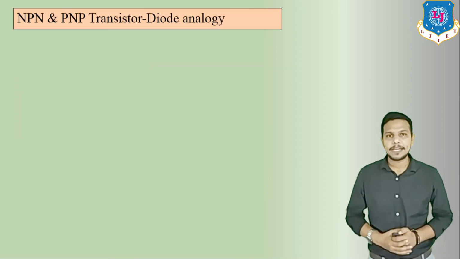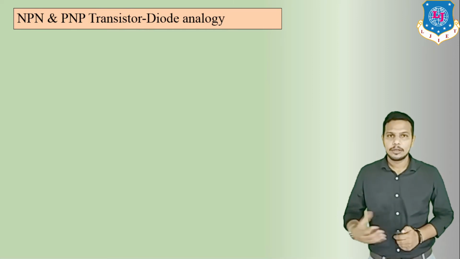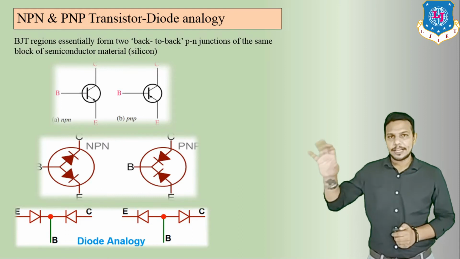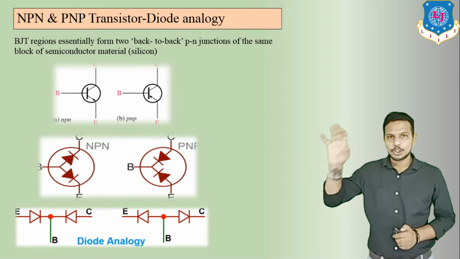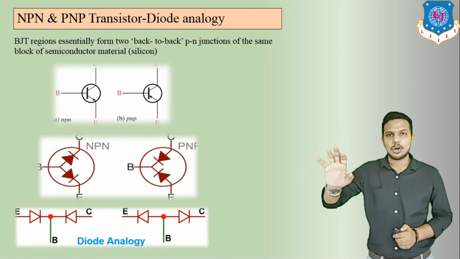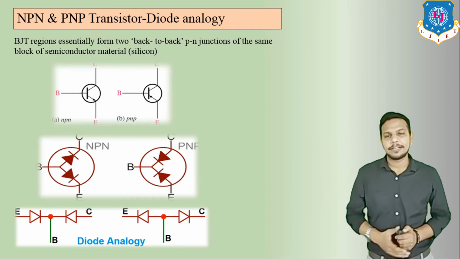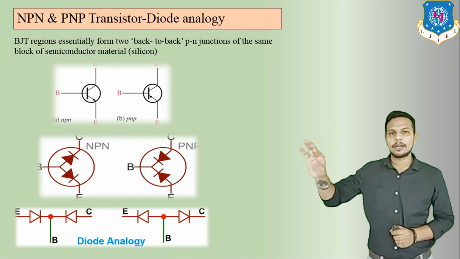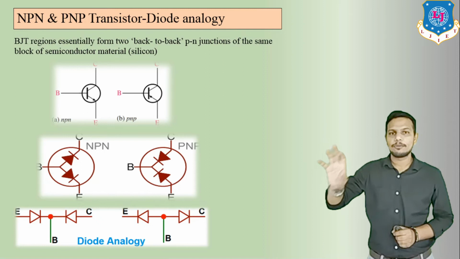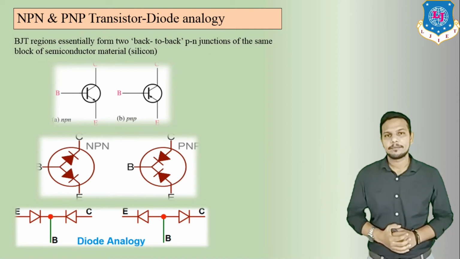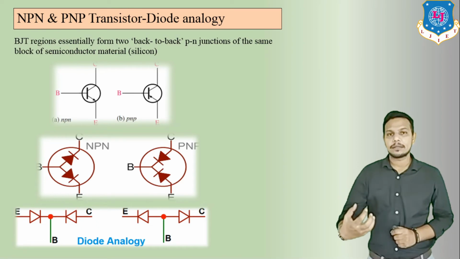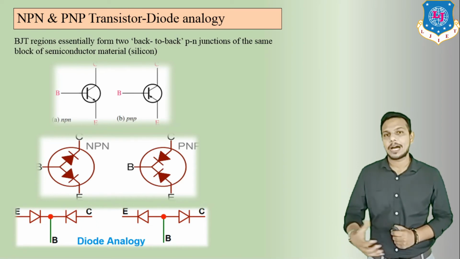Now, NPN and PNP transistor diode analogy. Here we can see it is essentially formed from two back-to-back PN junctions of the same block of semiconductor material. In figure number 1, we can see the symbols of NPN and PNP. Now, how can we make this transistor with the help of diodes?